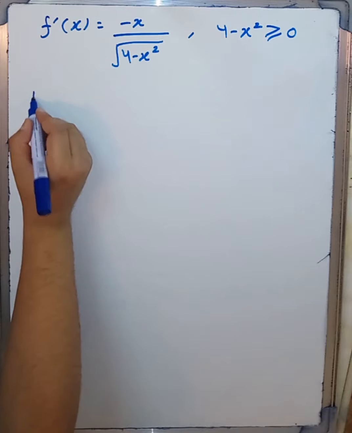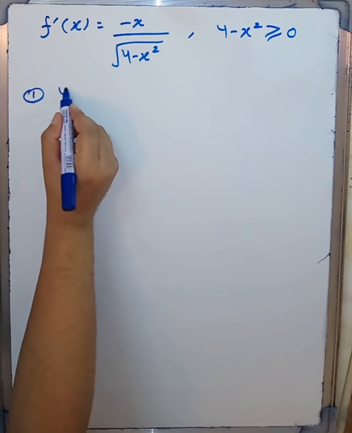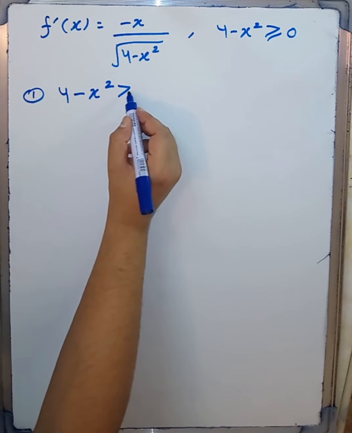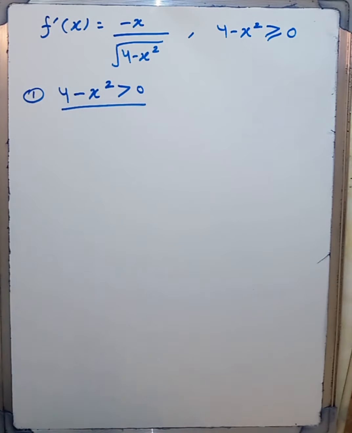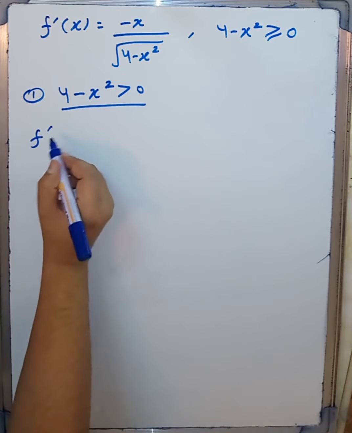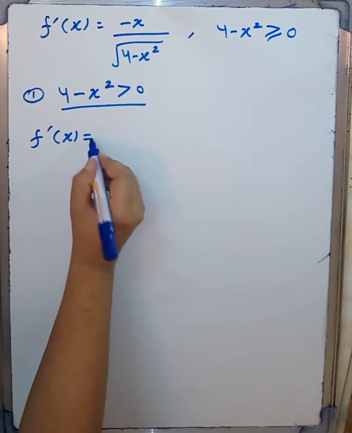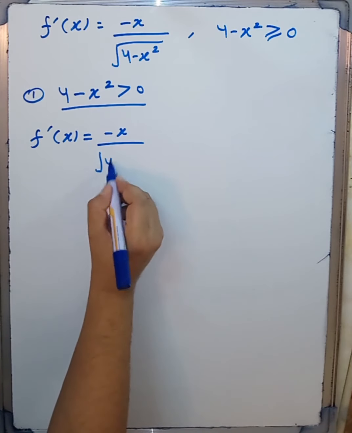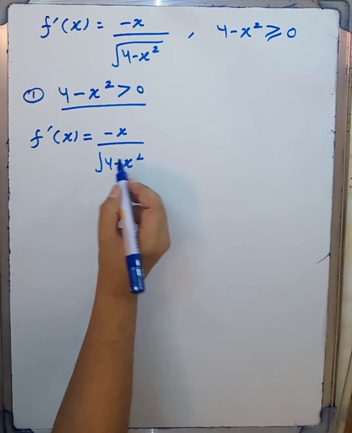The first condition is when 4 minus x square is greater than 0. In this case, f prime x will be minus x over square root of 4 minus x square.